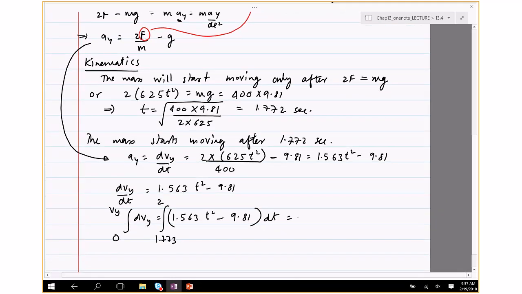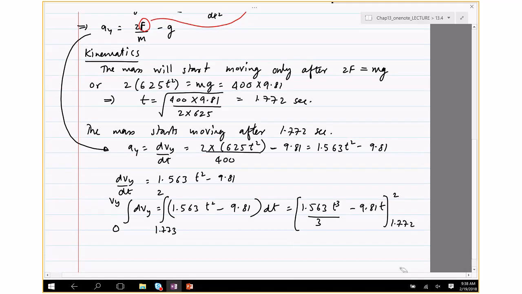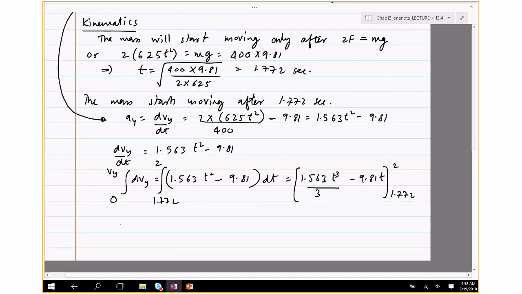So this is 1.563 t cubed divided by 3 minus 9.81 t. The upper and lower limits are 2 and 1.772. Okay, so Vy equals 0.301 meters per second.